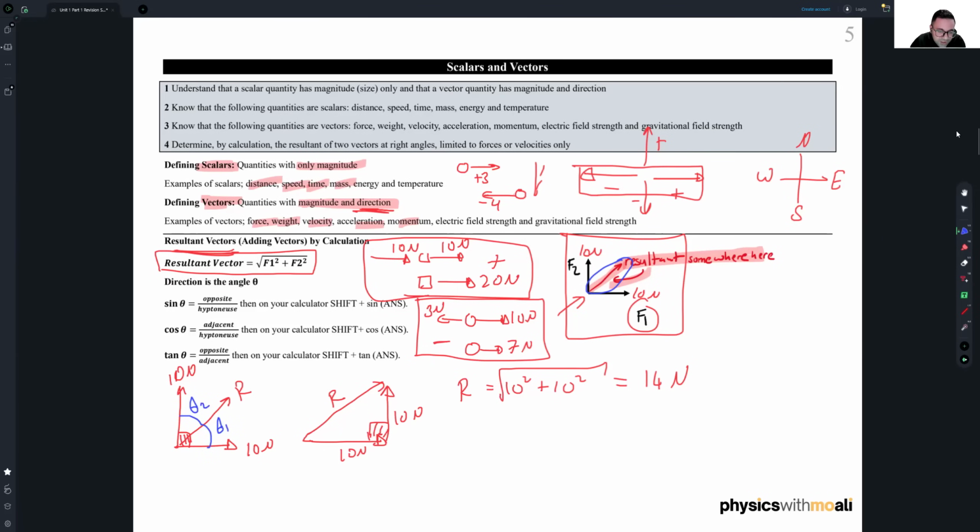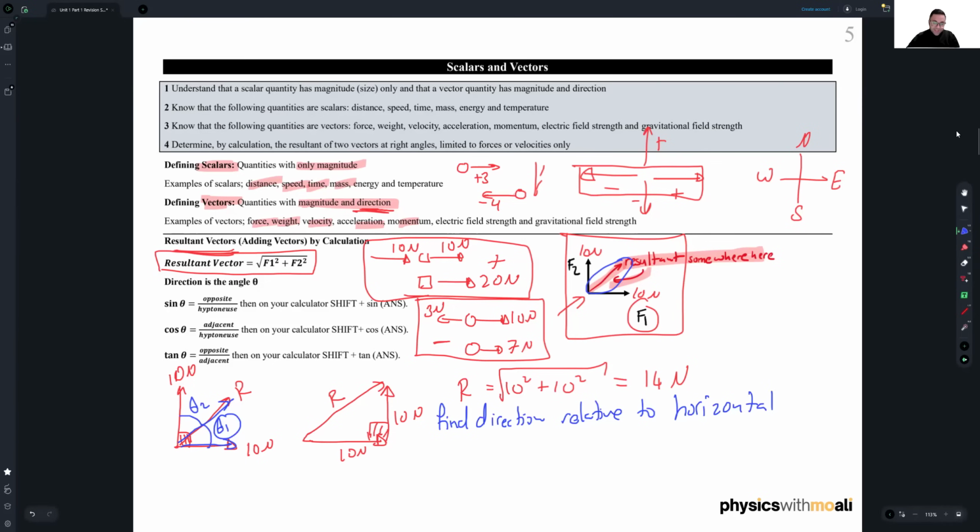If the question says, find the direction of the resultant force relative to the horizontal, which is 90% of the cases, I mean theta 1, the angle between the resultant and the horizontal. If I ask you, what's the direction relative to the vertical? Then I get the angle theta 2.